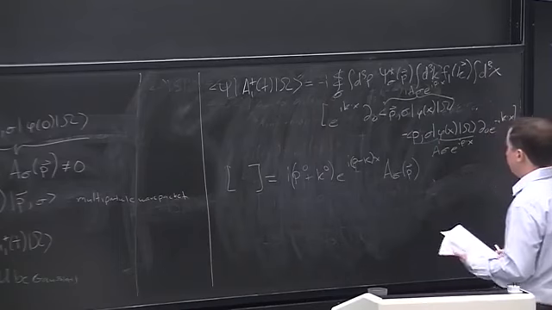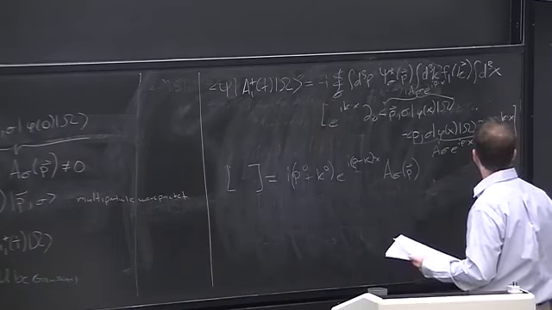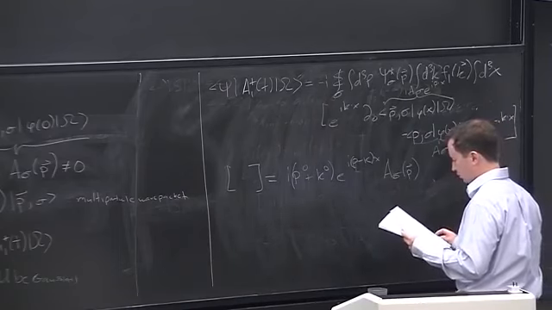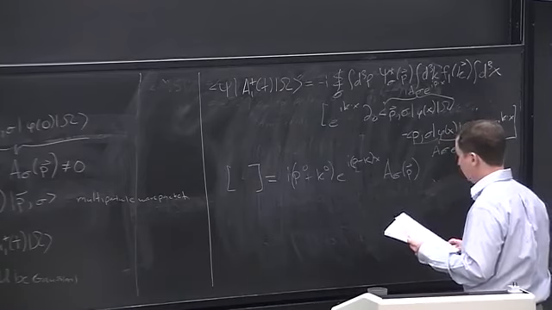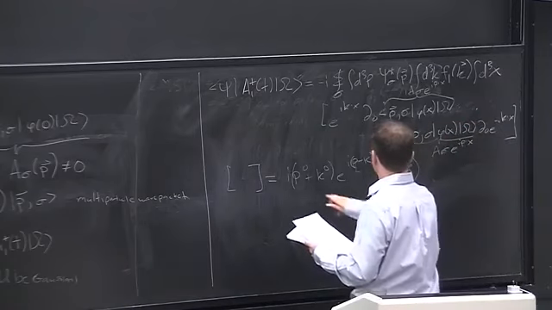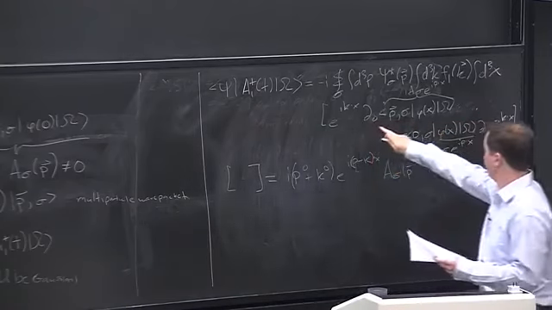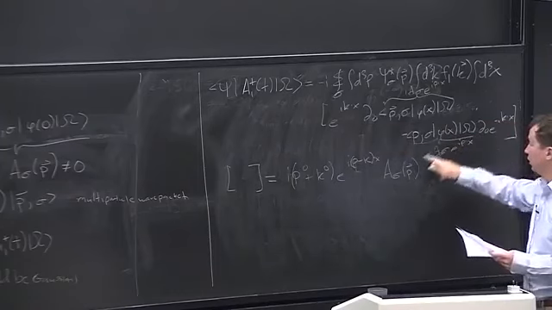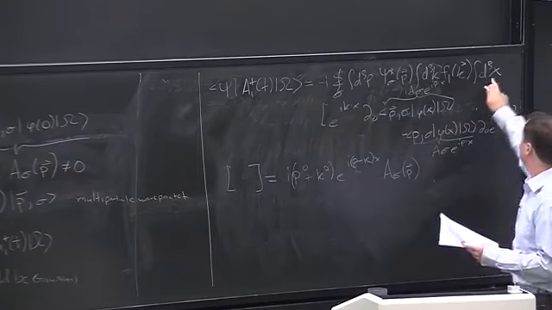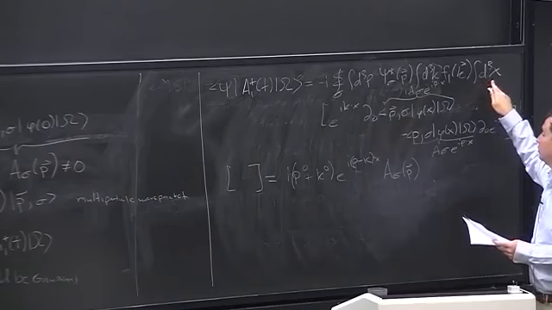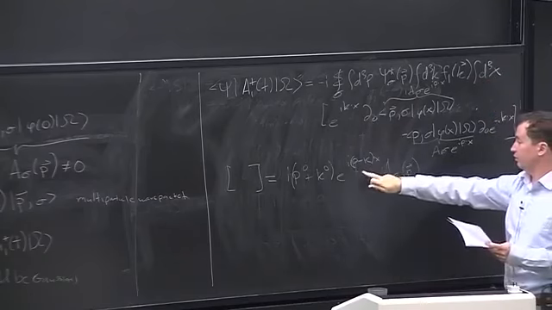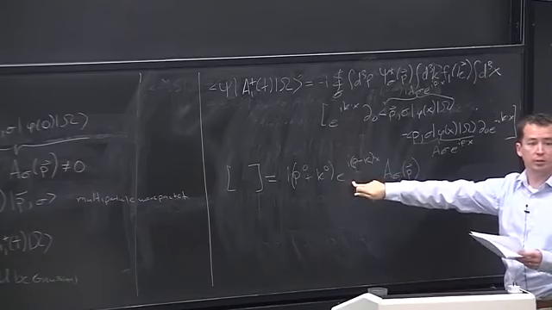Okay, so that's, we can simplify the part in brackets. And then we've got an exponential. That's the only dependence on x, this exponential dependence on x.